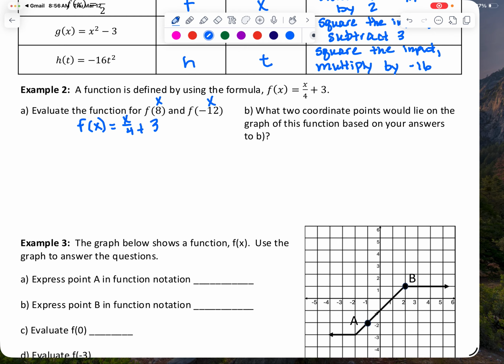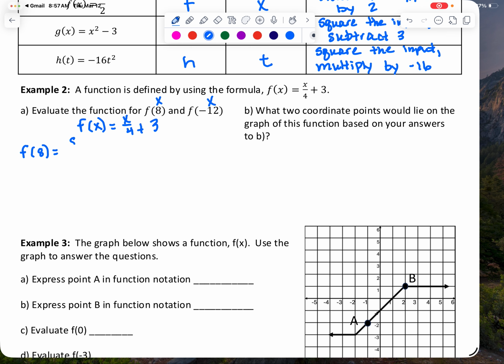So here's how we're going to get our output. You're going to take your input, divide it by 4, and then add 3. If I wanted to find f of 8, they're telling you that your input value is 8.